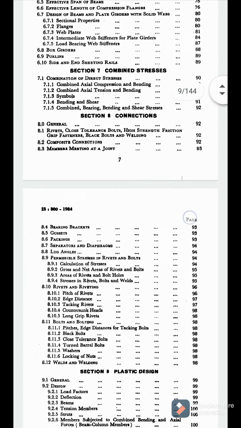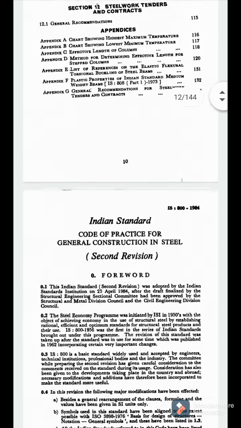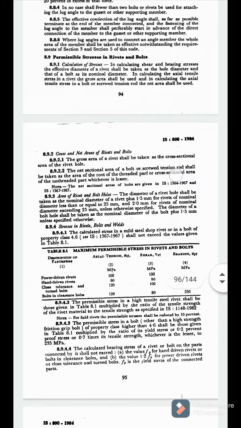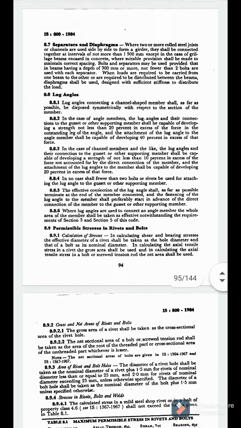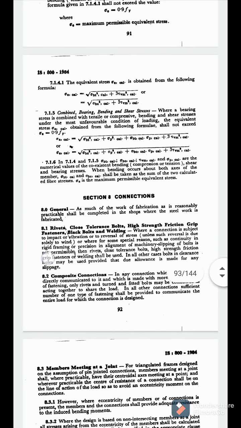Actually we are going to find only those topics which are related to us. So we are going to find page number 92. Go to page number 92. Here this is page number 92, and this is your connections.